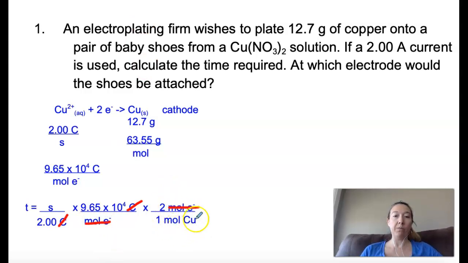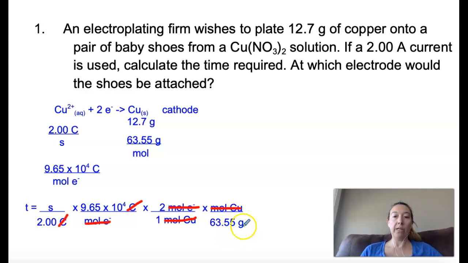Next thing we need to get rid of is moles of copper. We have that in the molar mass. We're going to take the molar mass of copper and flip it. So we're going to do times moles of copper over 63.55 grams. Now we can get rid of moles of copper.